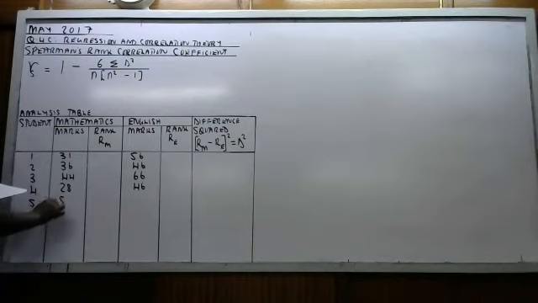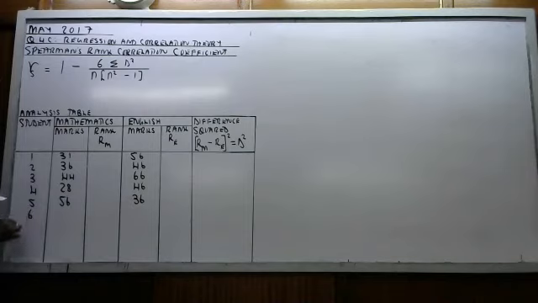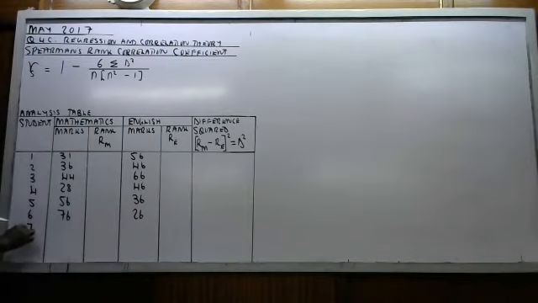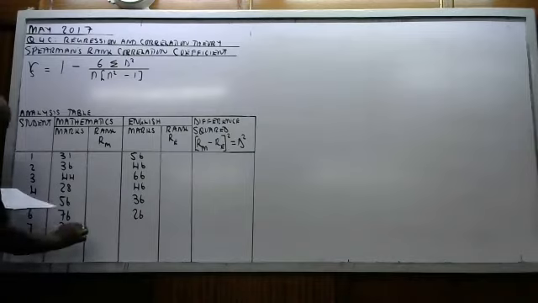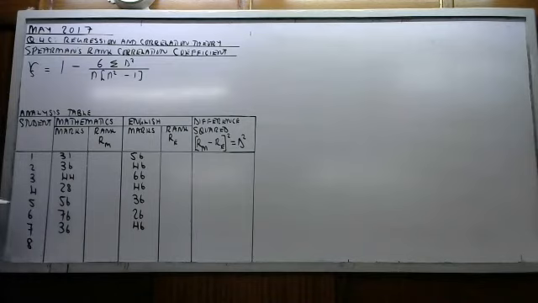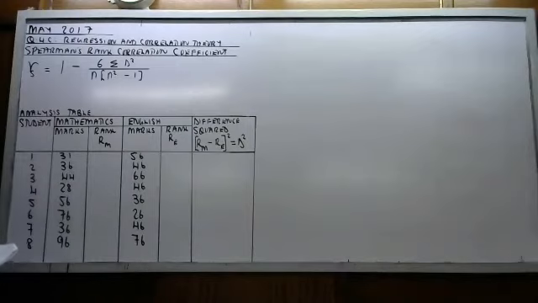Student 5, 56 and 36. Student 6, 76 and 26. Student 7, 36 and 46. Student 8, 96 and 76. Then we will have the total down here.